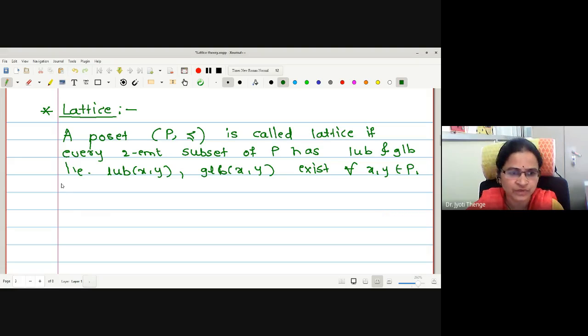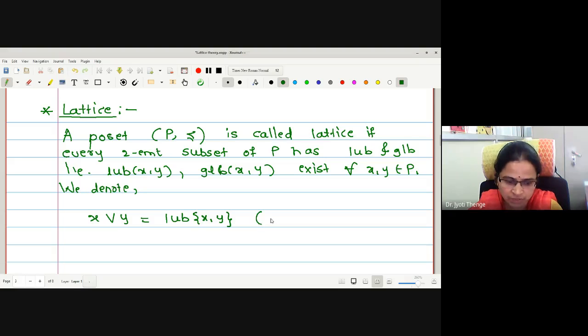Here we are going to denote those LUBs and GLBs with a special symbol, x join y. Therefore x join y is the least upper bound of x and y, and we read it as join of x and y, or x join y.